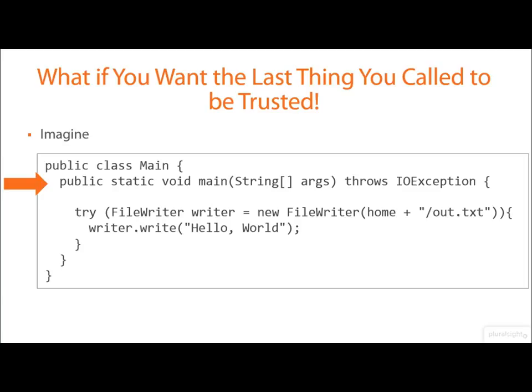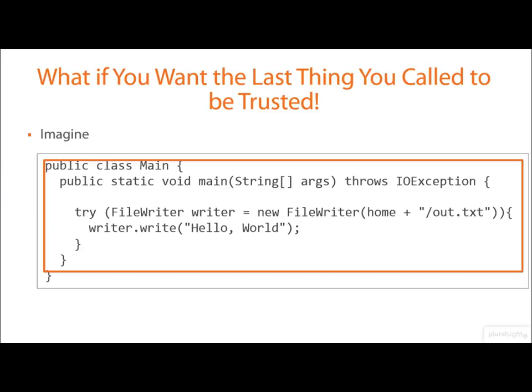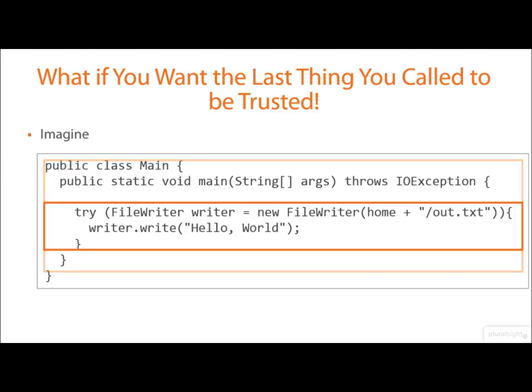So when we call writer.write, that will be trusted, but that's not good enough. So we walk up the stack frame, and main is untrusted, and that throws an exception. So we said we had this. We call main, main calls writer.write, main is untrusted, but file writer was trusted. And this was an issue. And it was an issue because, as we just said, if one of those things on the stack frame is untrusted, then we'd like an exception to be thrown.